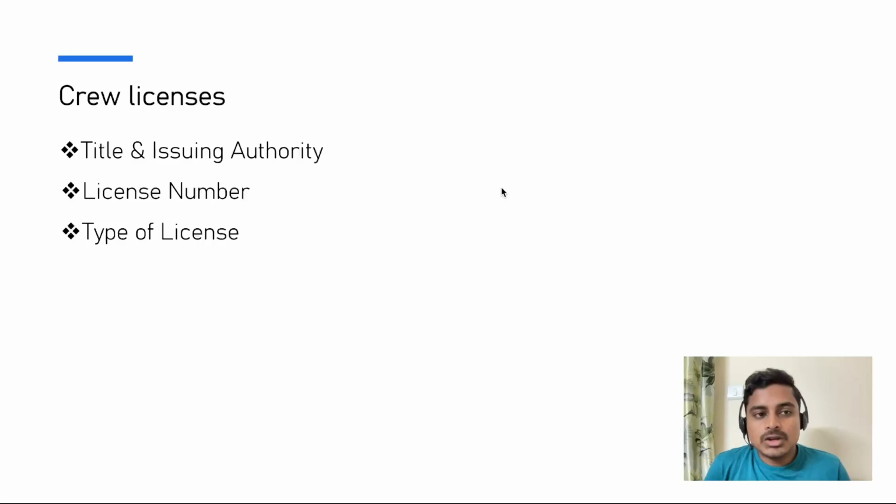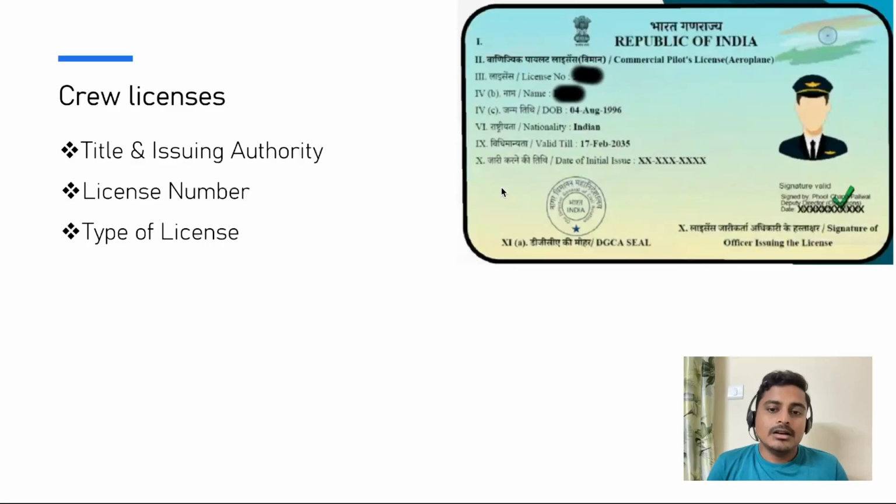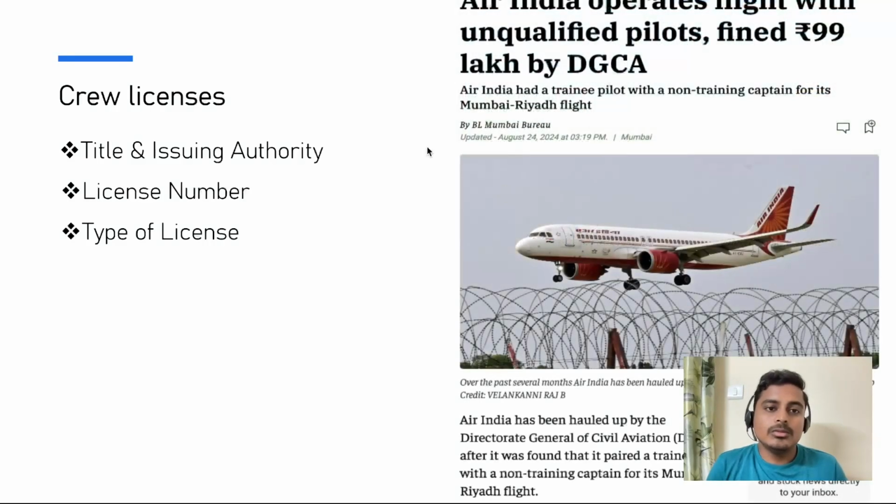Then we have the crew licenses. Each license contains the title and issuing authority, the license number, type of license, and the validity of these licenses. To give you an idea of how important the crew license is, I have a news article from Business Line. I'll be pasting the link in the description.